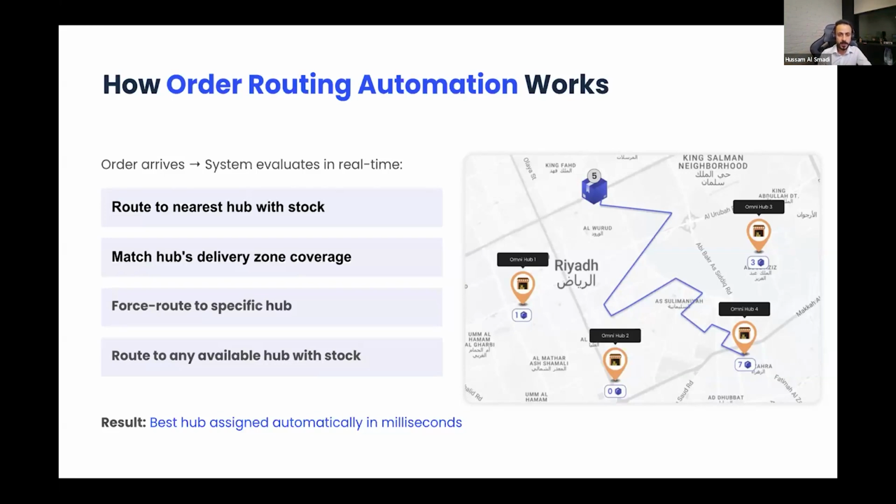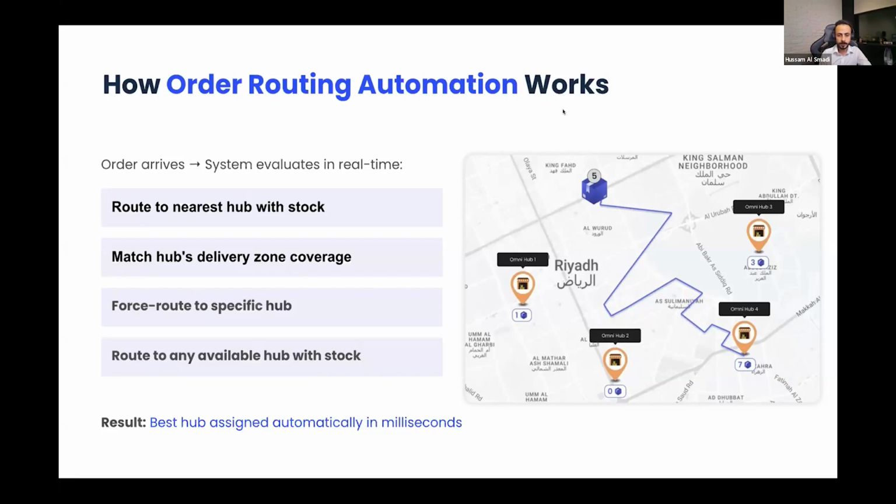In such cases, the order must match the hub's delivery zone coverage, for example, or in some conditions they want to force the order to be routed to a specific hub.